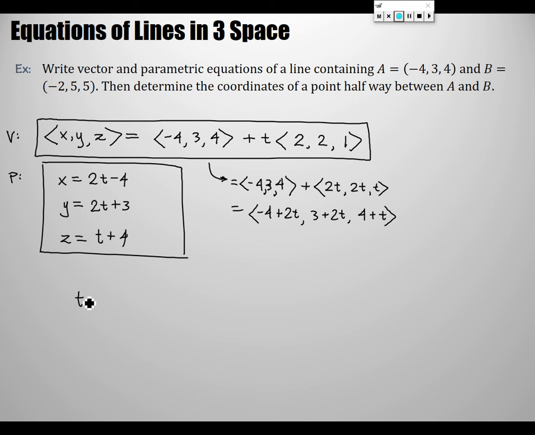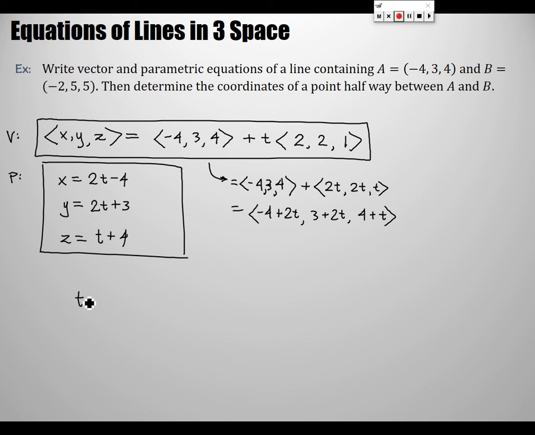Can we use the equation of the line somehow to get the midpoint? Oh, I get it. Well, that will work. That's true. If t is 0, let's remind ourselves what point this is, where are we on the line? A. If t is 1, where are we?